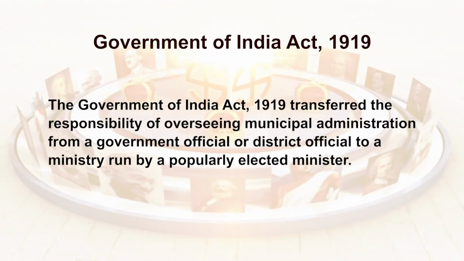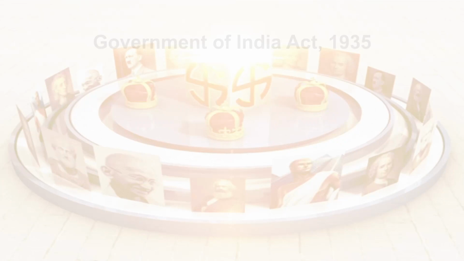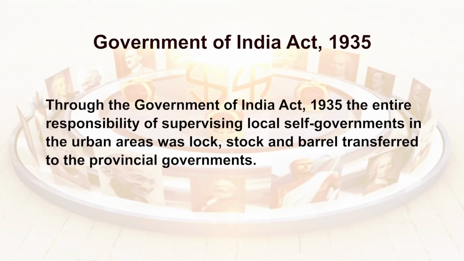The Government of India Act of 1919 transferred the responsibility of overseeing municipal administration from a government official or district official to a ministry run by a popularly elected minister. And the final act in this whole colonial period came through the Government of India Act of 1935, through which the entire responsibility of supervising local self-governments in the urban areas was transferred, lock, stock and barrel, to the provincial governments.